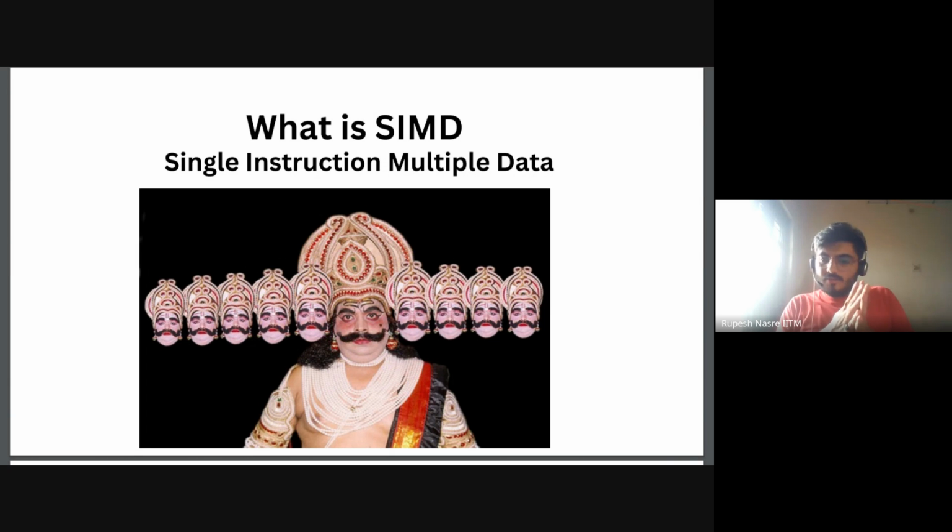Assume that 16 threads are running, and the 16 threads will read the same instruction. Each thread has to fetch the instruction from the memory and then perform the computation on the data. So there is a memory call, right?